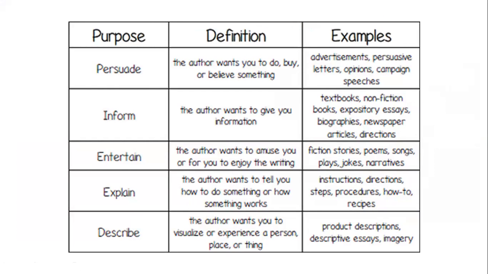In these examples, the author wants us to do or buy or believe something when we read these things. So here the author's purpose is to persuade. Number 2, to inform. What's the meaning of to inform? The author wants to give you information.